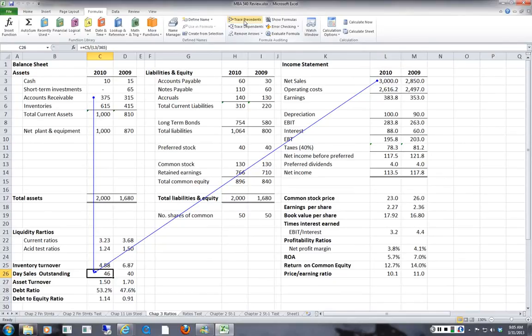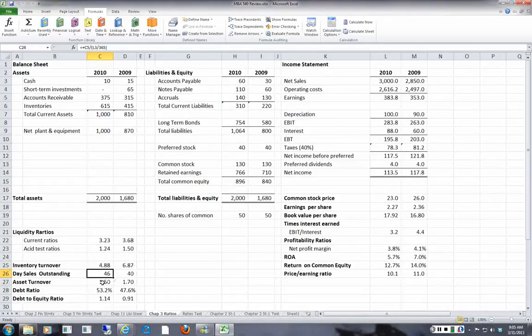So then that number gets divided into the receivables to come up with the day sales outstanding, which is 46. And I can tell you that's very good. I've managed receivables once at GE, another time in the railroad, Union Pacific Railroad Company, and I can tell you the 46 days is not too bad.